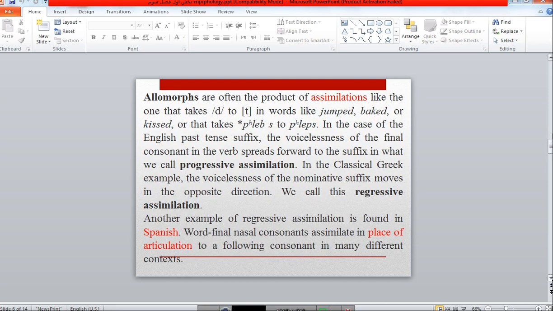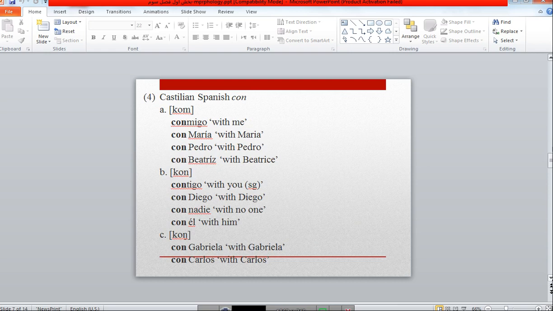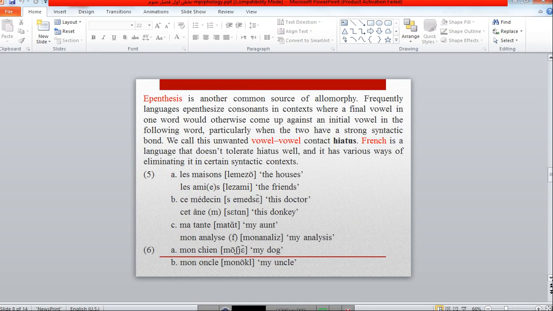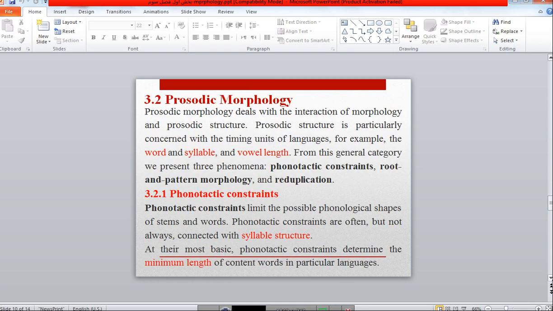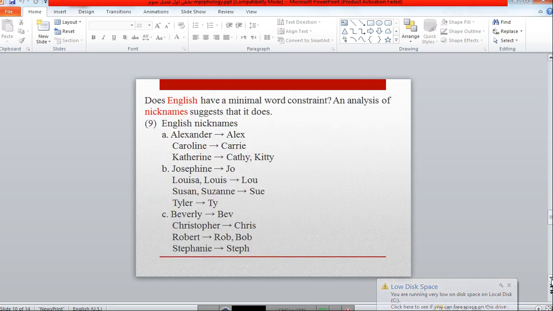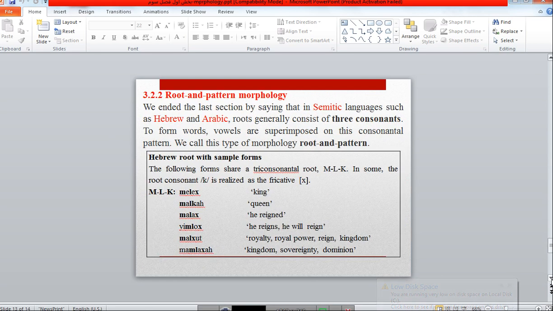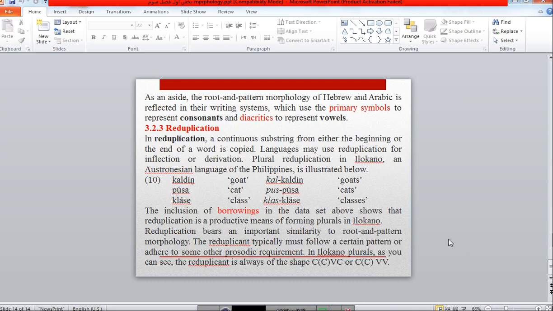At last, I talked about prosodic morphology. We have three phenomena in this domain: phonotactic constraints, root and pattern morphology, and reduplication. I will talk about reduplication in the next session.